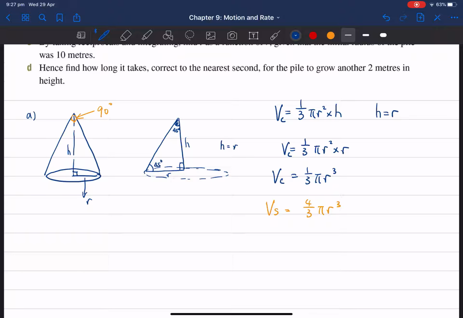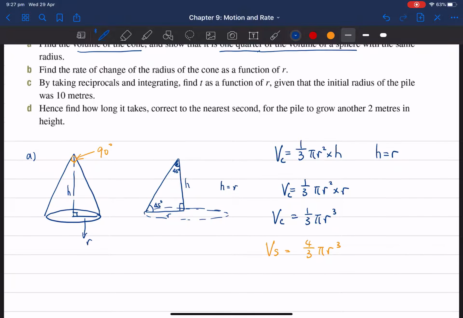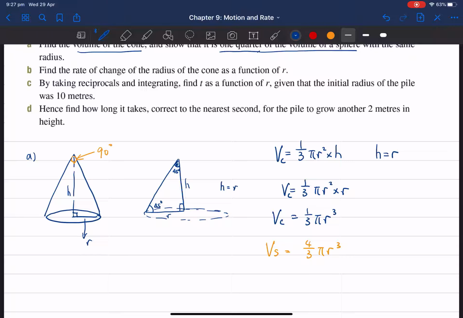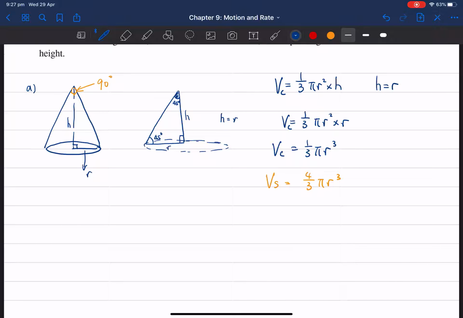The ratio between these two is 4 times, or you can say the volume of a cone is 1/4 of the volume of a sphere. If you want to show working out, VC divided by VS is 1/3 pi r cubed divided by 4/3 pi r cubed, which is 1/3 divided by 4/3, and the answer is 1/4.